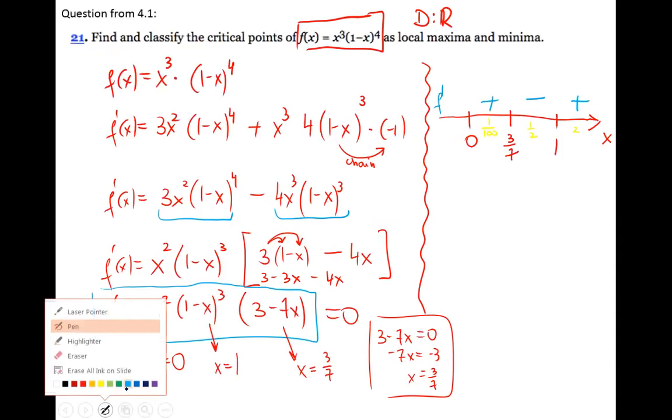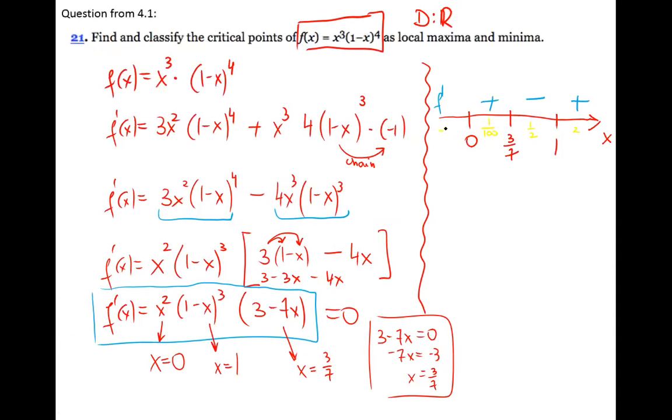And we can try negative. Actually, we can put -1. This will give me positive, but this will be -7 times -1. It's +7 plus 3, positive number. That we can see at 0, we're not changing the sign.